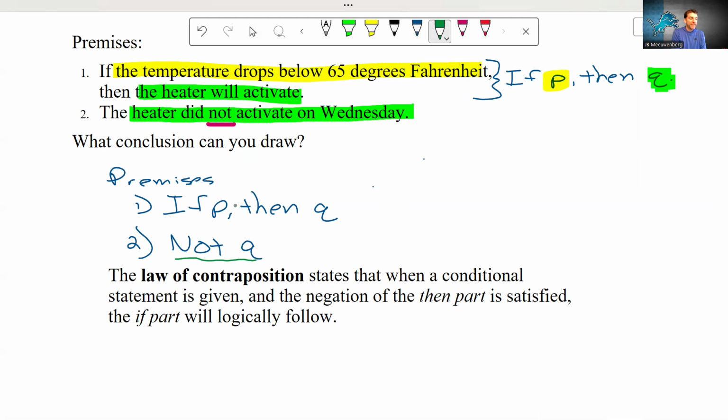So again, if P, then Q, and not Q is what happened. So we can conclude not P, right? Not P. Let's look at a Venn diagram. See if that helps us make sense of this.